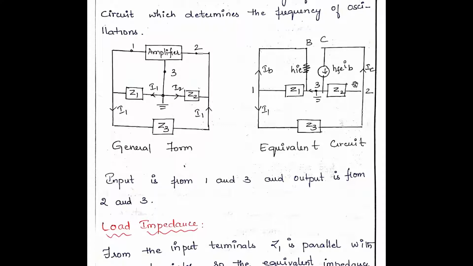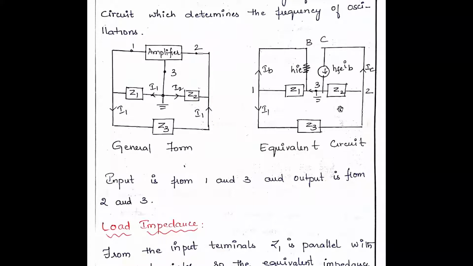Now actually IB is flowing from 2 to 3. But the output voltage we can take from 2 to 3 through this path, or this path, or the combination of both paths.